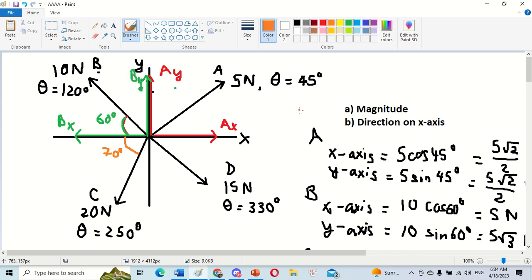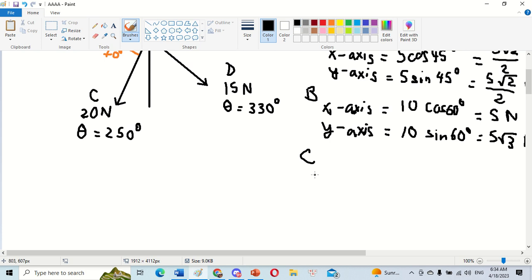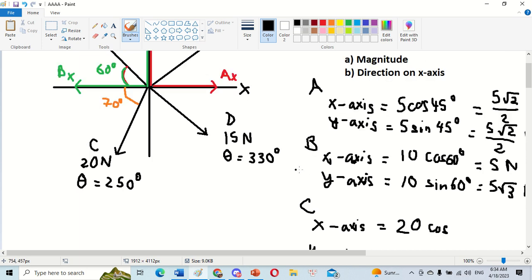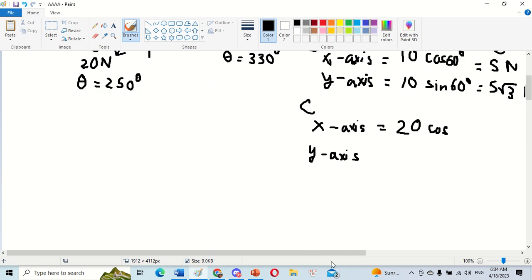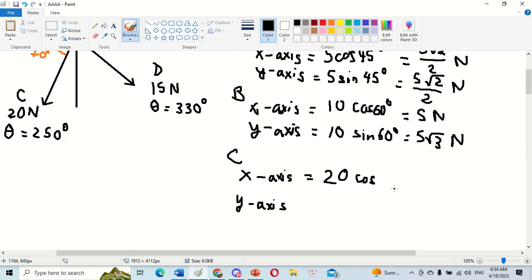Now for C, we can find the x-axis and y-axis. We have 20 multiplied by cosine 70 degrees.